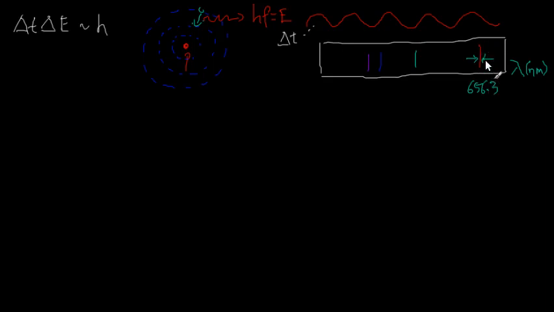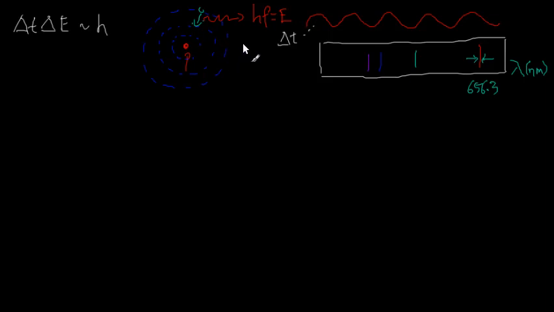And that range of wavelength is associated with the range of frequency, which is in turn associated with the finite duration of this wave that is emitted by the atom.